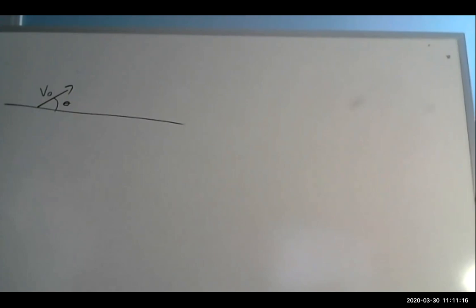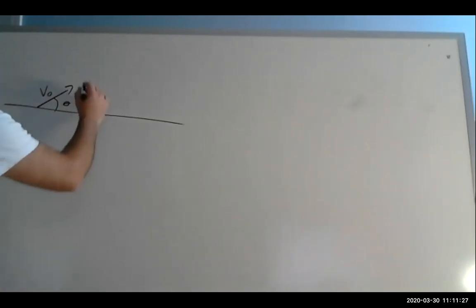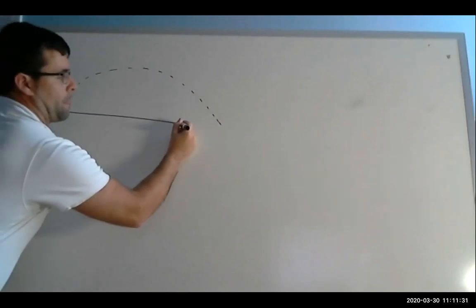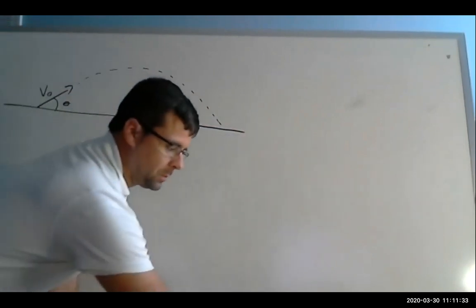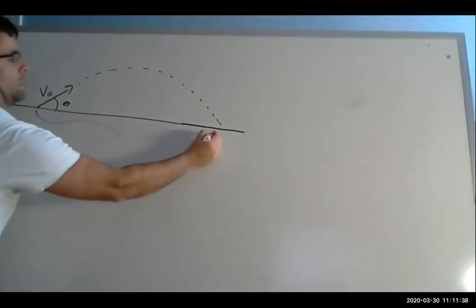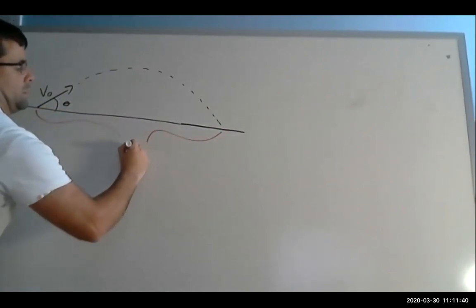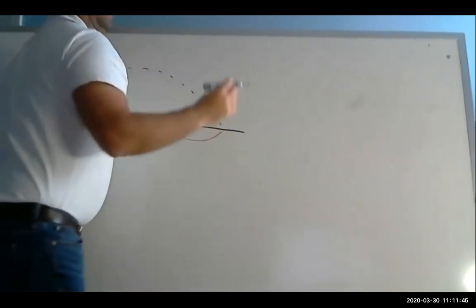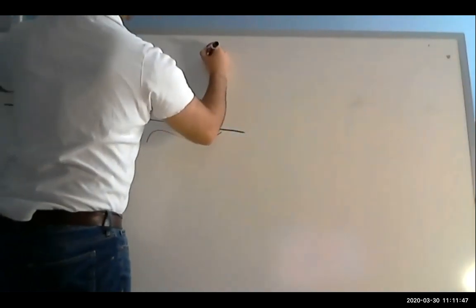But for our purposes, if you launch a projectile with some initial velocity at some angle theta, then its range, or how far it travels before it hits the ground again, is given by this equation.